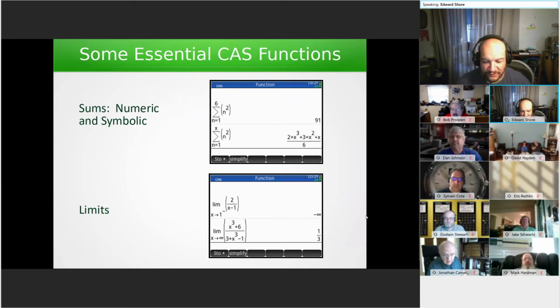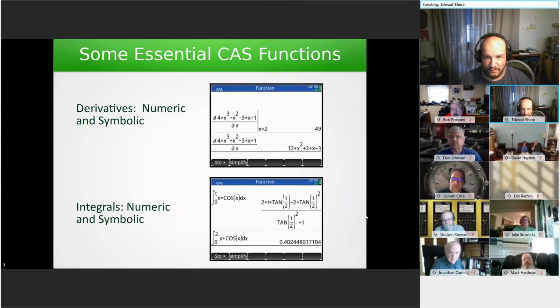Another calculus function that you'll find is limits, and all kinds of limits. It's just normal limits, limits to the left, limits to the right, positive, negative limits, limits to infinity. And then you have derivatives, both numeric and symbolic.